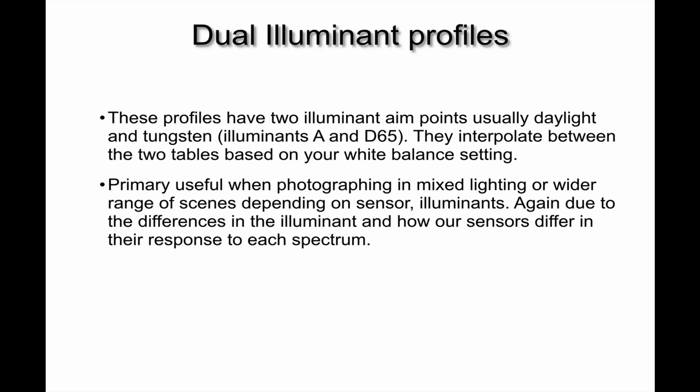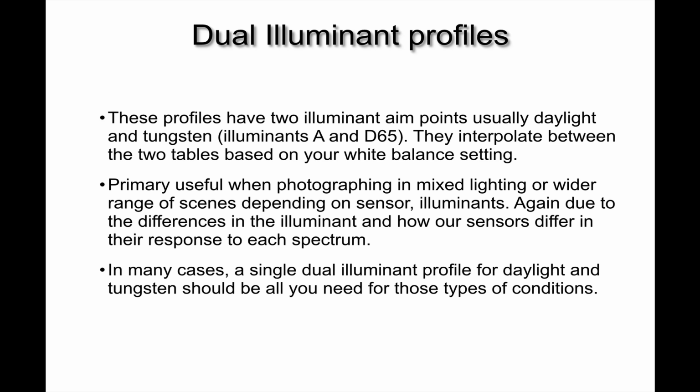This is primarily useful when photographing in a mixed lighting condition, or where you might have a wider range of scenes that have different illuminants between those two types, daylight and tungsten. Again, this is a way of fingerprinting how our sensors respond to these mixed lighting conditions.